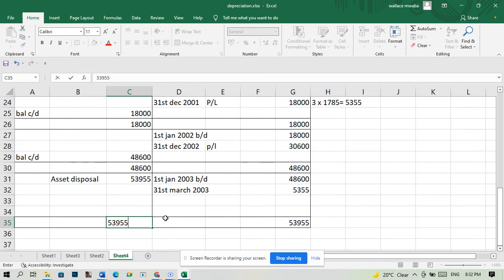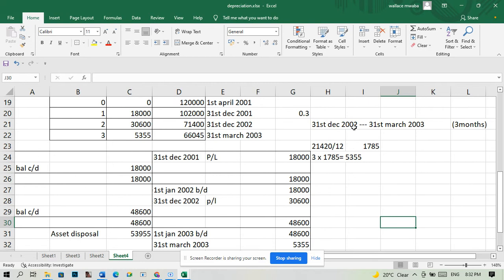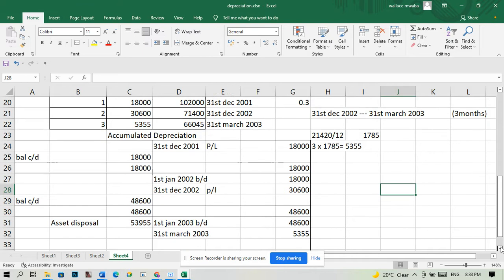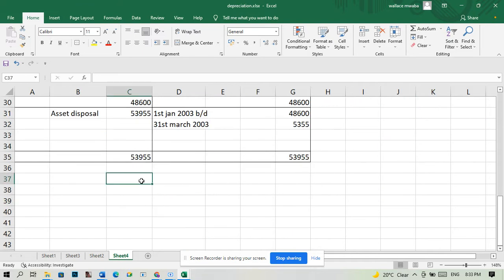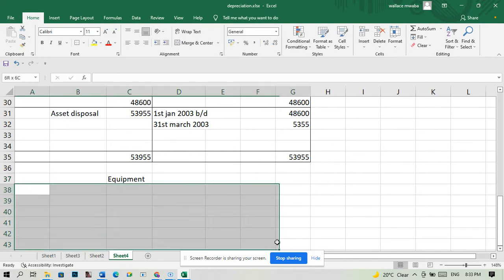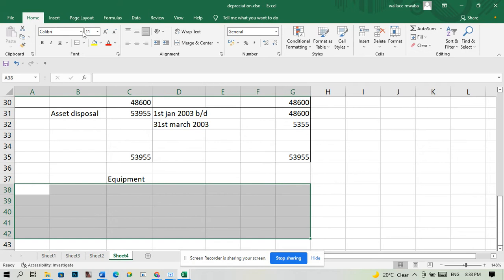All right, so we have dealt with our accumulated depreciation account. All right, let's go to our equipment account. So we say equipment.